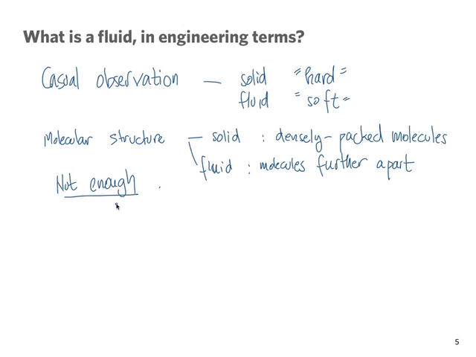What is flow? What does it mean to flow? It's moving. How is it moving? And how long is it moving? Continuously moving, right? It doesn't stop unless you put something in between and stop it, right? It continuously deforms.